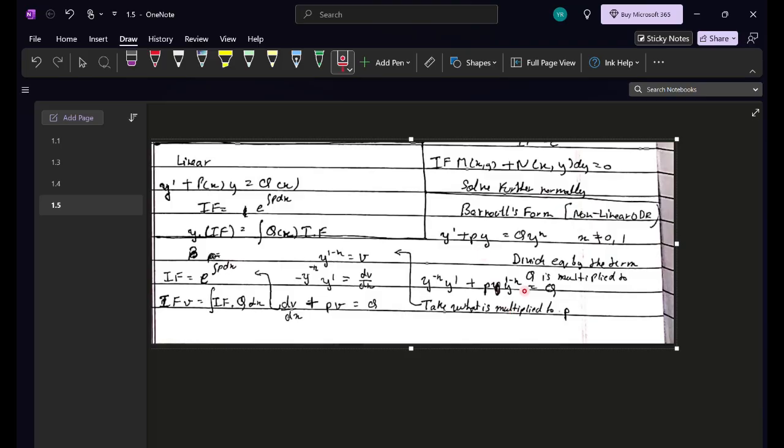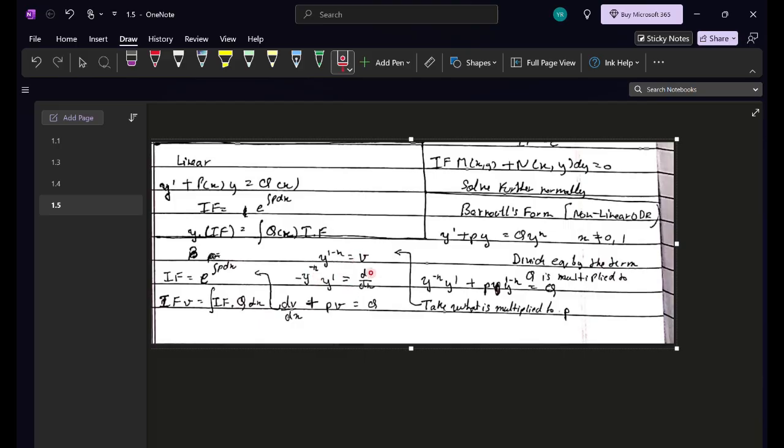Then after doing that, we have to take whatever is being multiplied with the p term, and then put it as v, and then we have to differentiate it once.